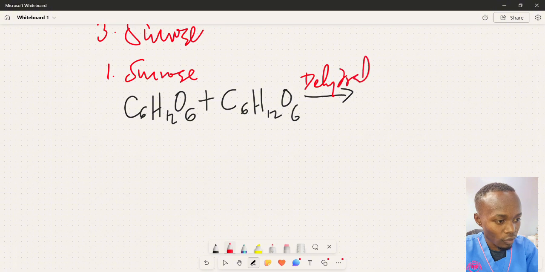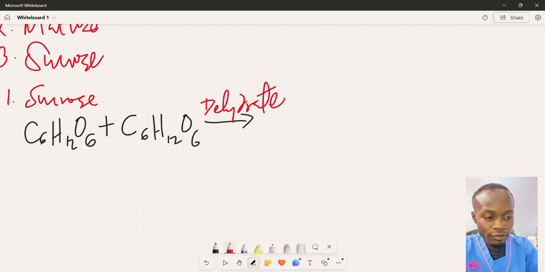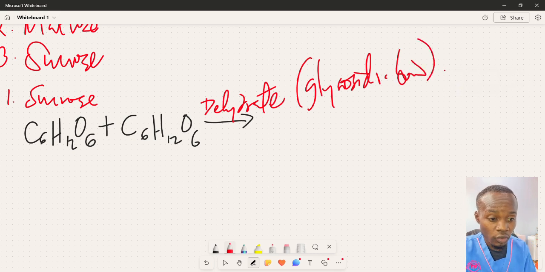dehydration, we are removing a molecule of water. Whatever will be formed will have a glycosidic bond at the end.